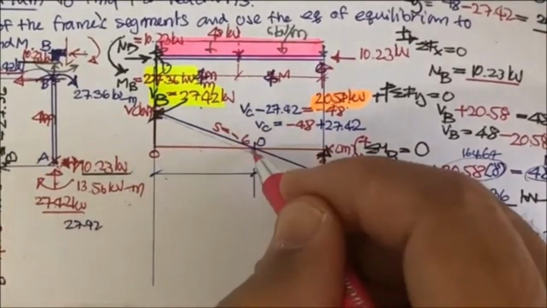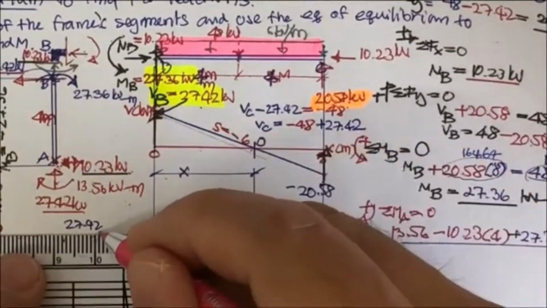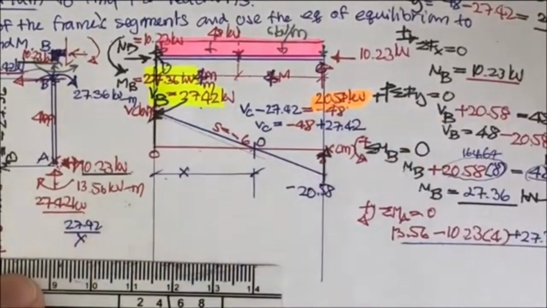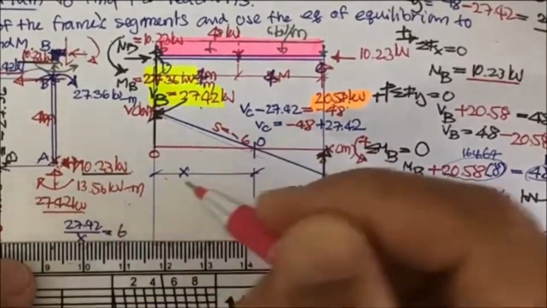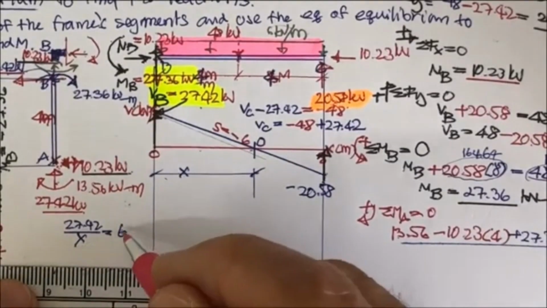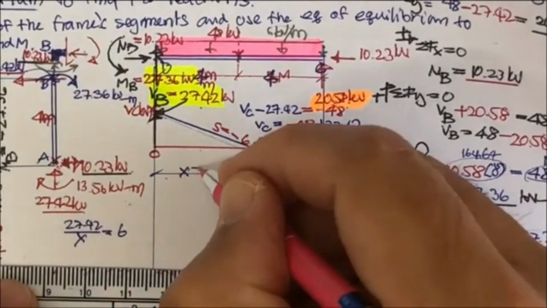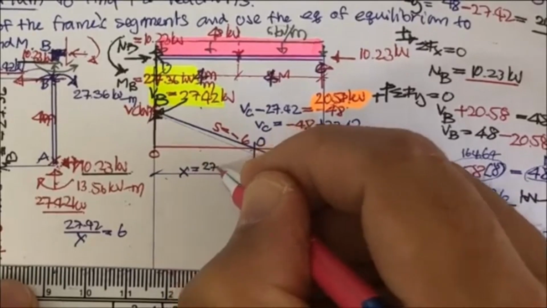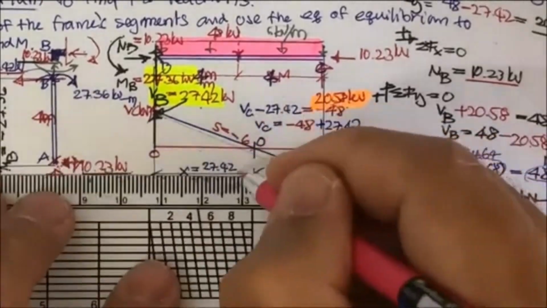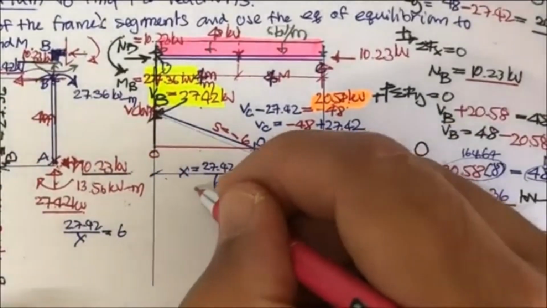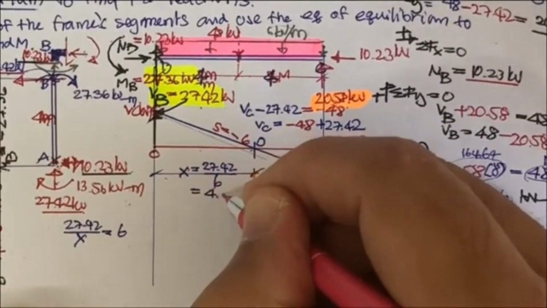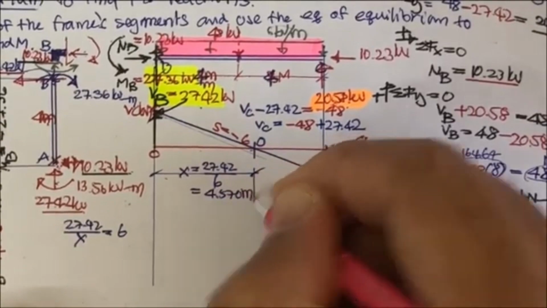27.42, divided by the x, and then you have this slope. This is going to be 6. So you can have x up and take the 6 down. So it's going to be 27.42 divided by 6. Okay, and you can find this x equal to 4.570 meter.